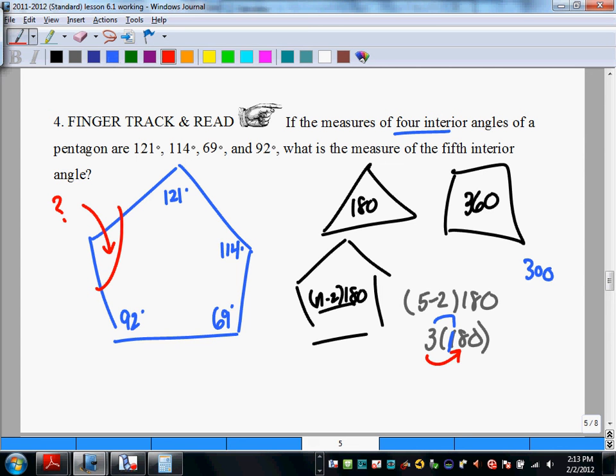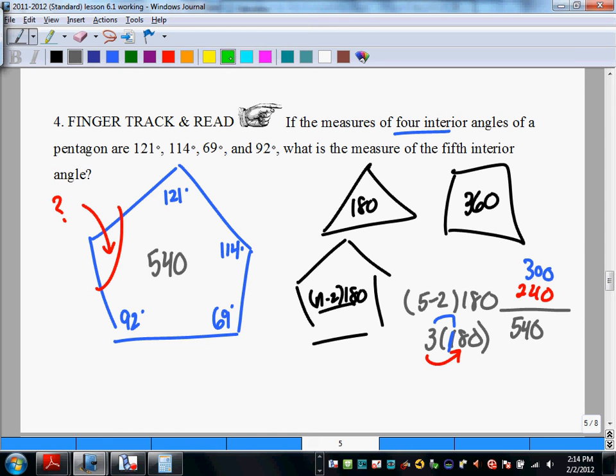So with the 0, 240. So add them up. 540. So a pentagon does not add up to 180. It does not add up to 360, but it will always add up to 540. Now, add up all those angles and subtract them from 540.